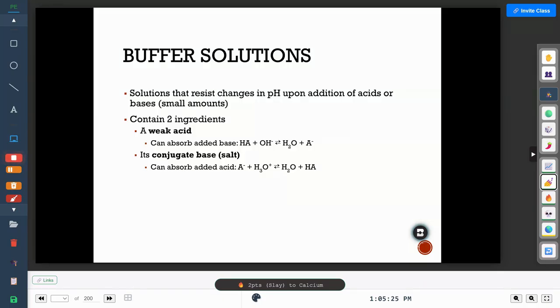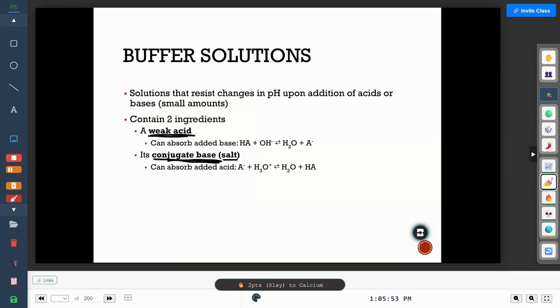Your buffers are made up of a weak acid and the conjugate base, or the salt. Okay, so buffer is made up of a weak acid. Strong acid, yes? No, weak acid, right? So one of the things you'll look for is this a weak acid? And it's made up of the conjugate base of that weak acid, okay? Or basically it's that salt.